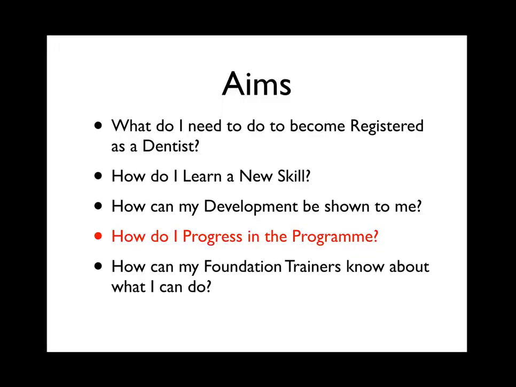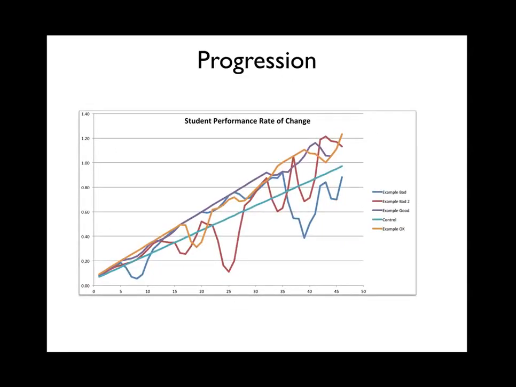So how are progression decisions made for you using the data? Because I've said this is observation feedback, not assessment. So how is the data used to actually see how well you are doing? Well, Liftupp doesn't actually plot graphs currently, but what I've done is I've taken some data from some of our students in restorative dentistry. So these are third year students, and I've basically just looked at their performance against the threshold.